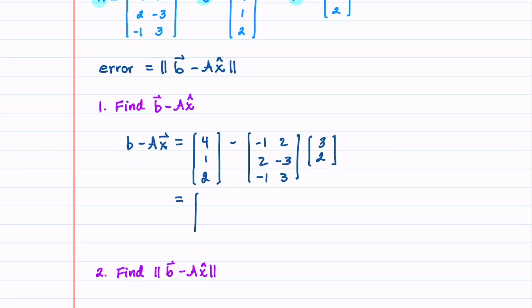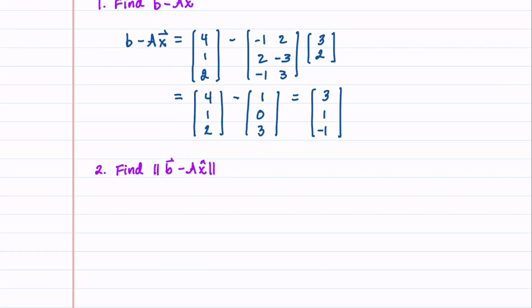This is going to be our vector 4, 1, 2, minus our matrix vector product. This is going to be the vector minus 3 plus 4, which is 1, 6 minus 6, which is 0, and then a minus 3 plus 6, which is 3. This gives us the vector 3, 1, and minus 1.